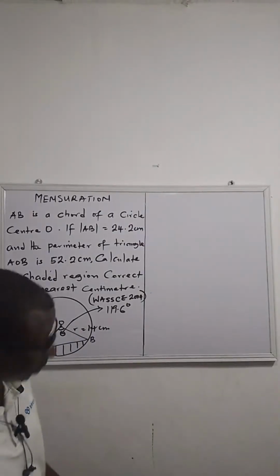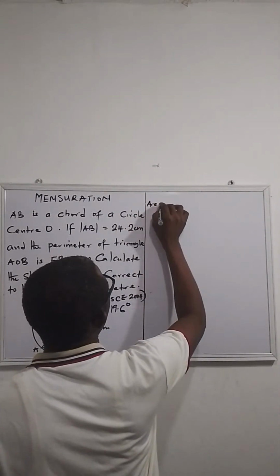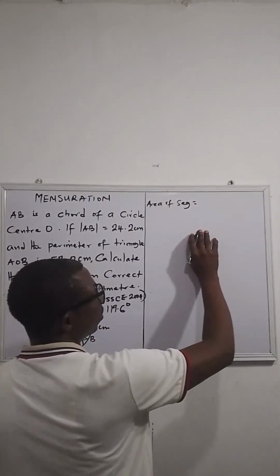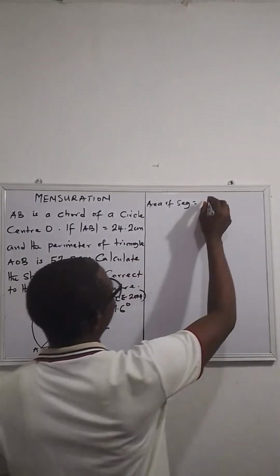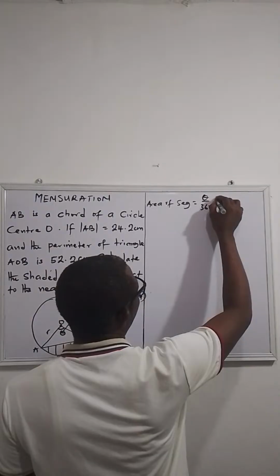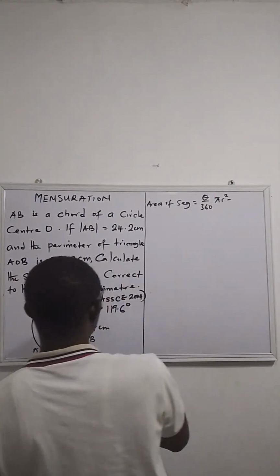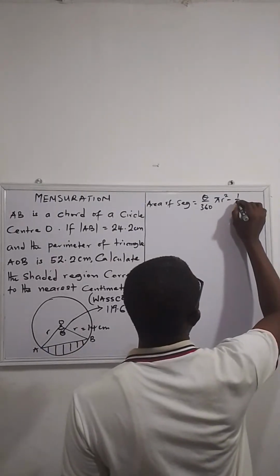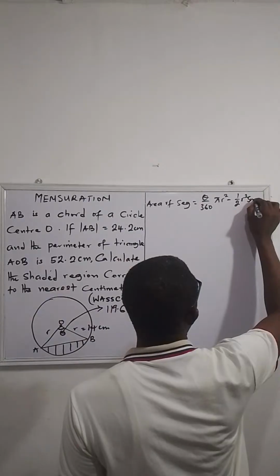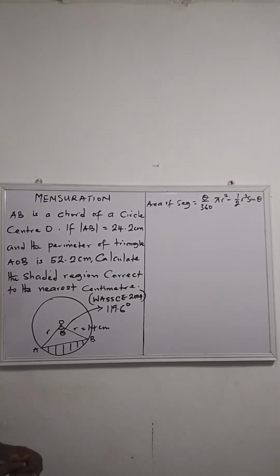The area of the segment is the area of the sector, that's theta over 360 times pi r squared, minus the area of the triangle, that's 1 over 2 r squared sine theta. That's the formula for finding the area of a segment.